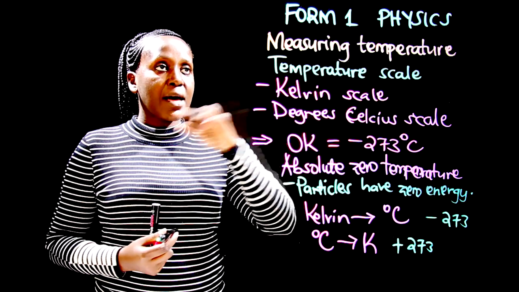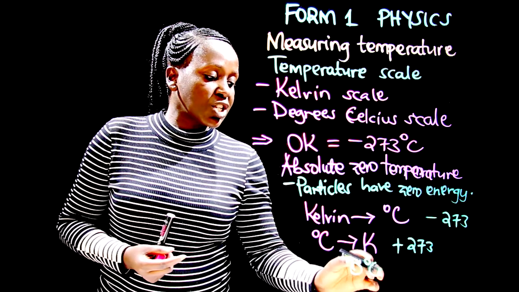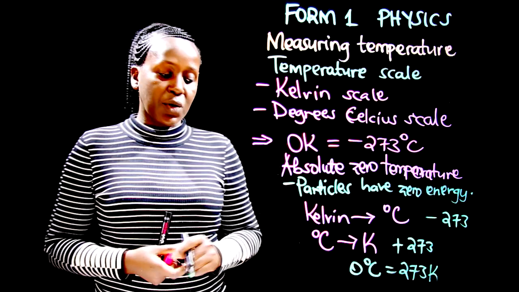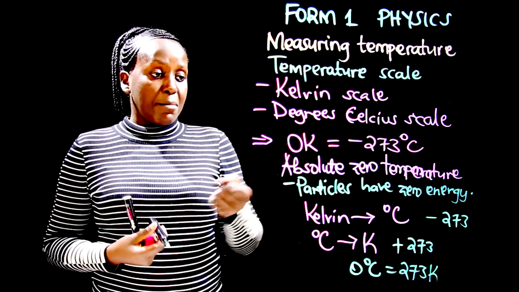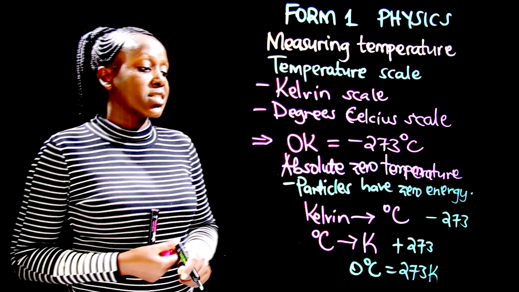So that is another point that you can use to remember that 0 degrees Celsius is equal to 273 Kelvin, but 0 Kelvin is equal to negative 273 degrees Celsius.